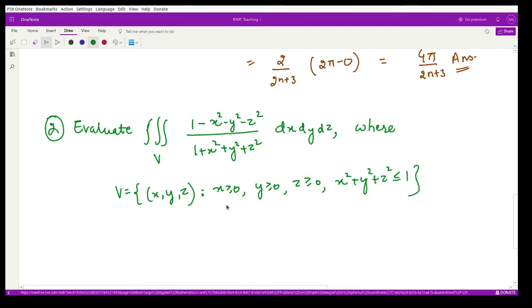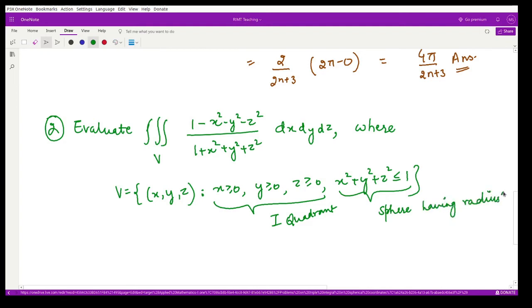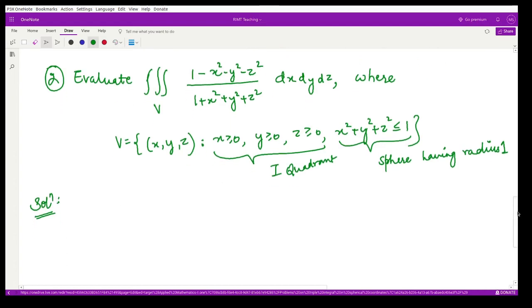So what does this region say? It says we are in the first quadrant, and your surface is a sphere having radius 1. So this is all given to you. Now for solving this integral, again we will take the help of spherical polar coordinates.